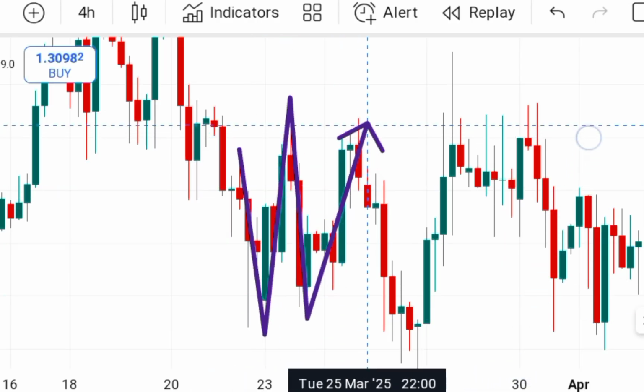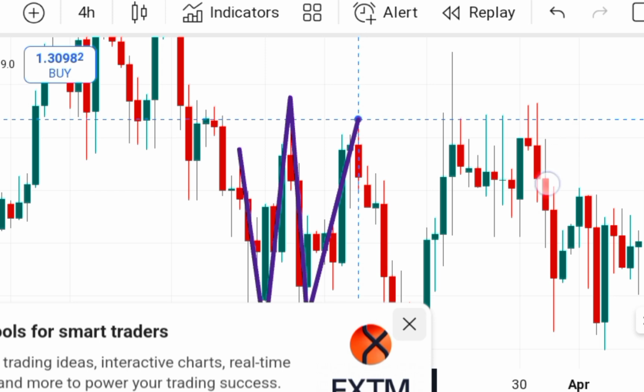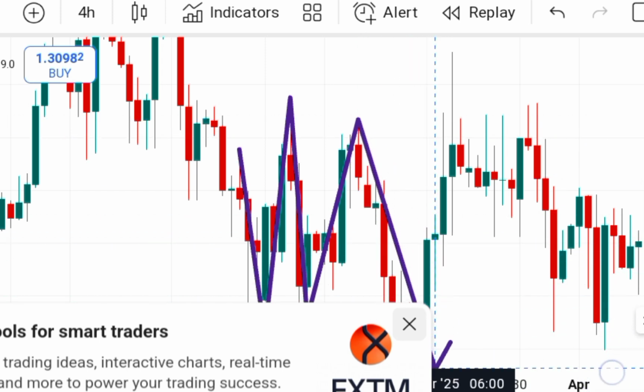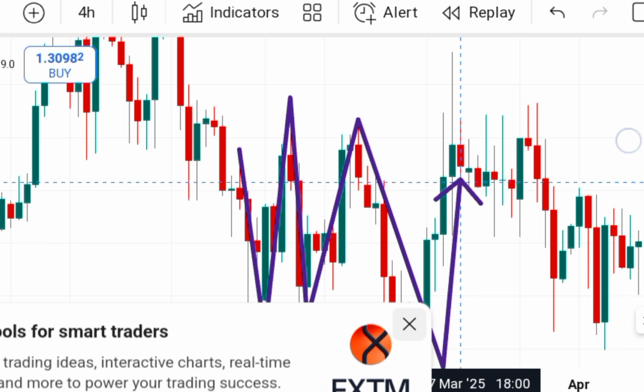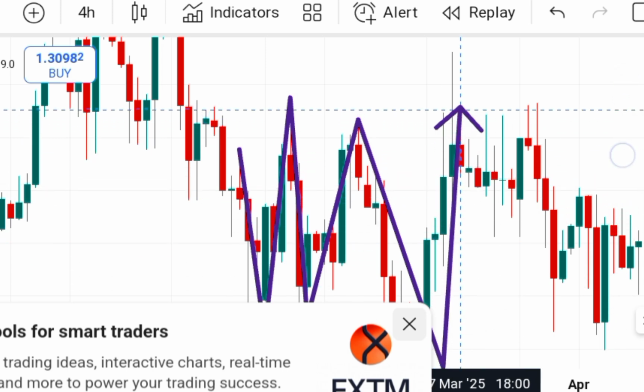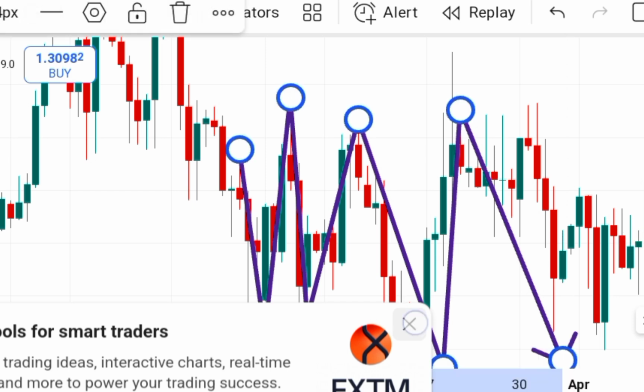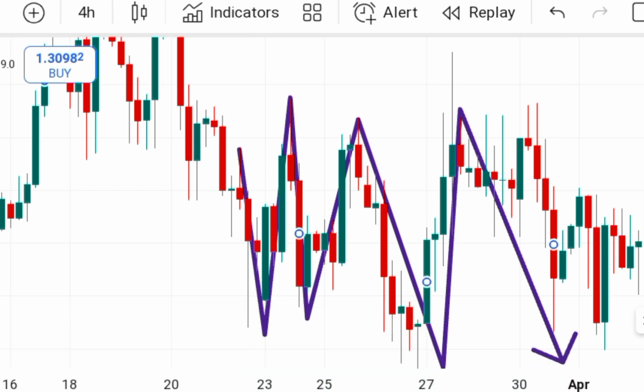Pulls back again, it comes below, goes up again, thereby closing above and high. It comes back again. So right here we notice that the trend of this market has changed from bearish to bullish.